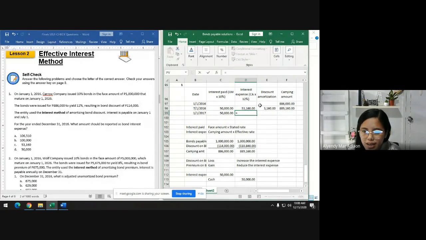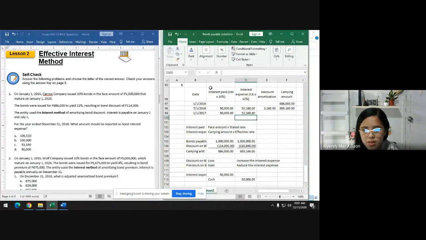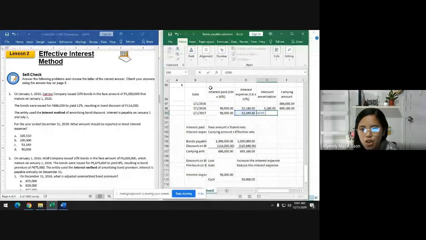What is the latest carrying amount? 889,160. So 889,160 times 12% times 6 over 12. That is 53,349. How much is the discount amortization? That is 3,349.6.